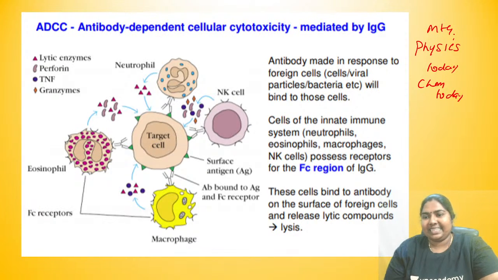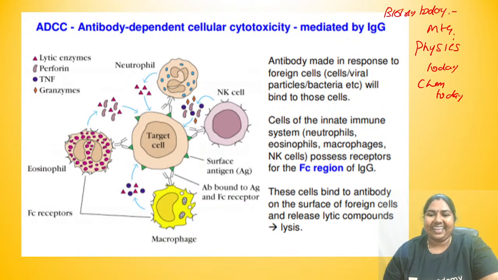Some 40 rupees or 50 rupees one book is there. MTG publications, Physics Today, Chemistry Today. So that will be very concise one too. All right. Yes, but you have to see which edition you are going to buy. Likewise for biology, you can use this Biology Today. So that will give you a lot of practice actually.